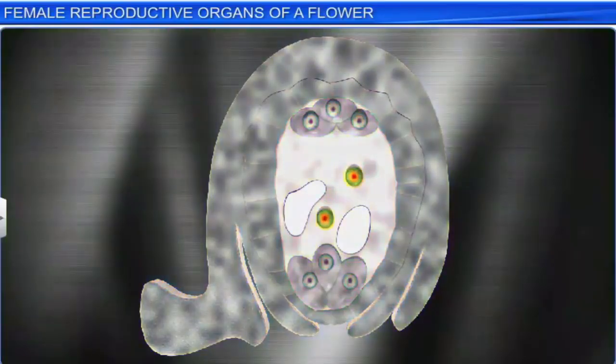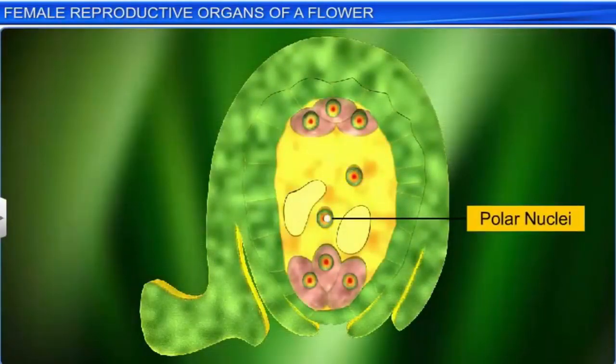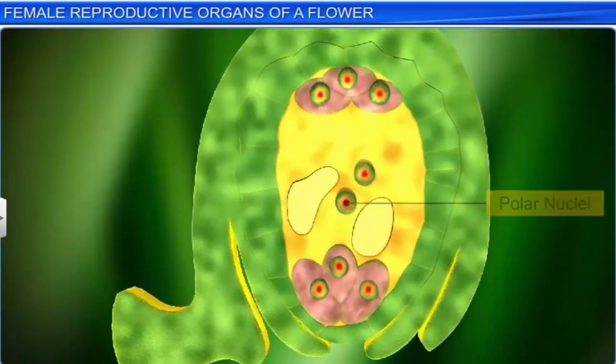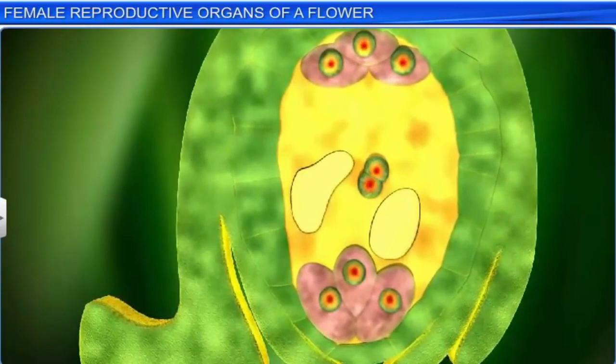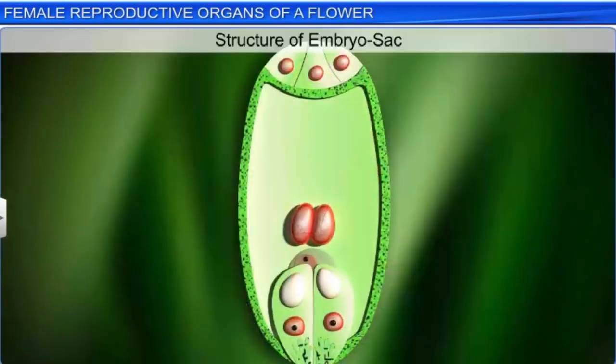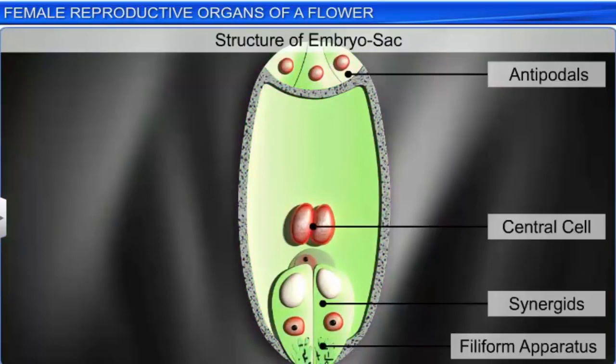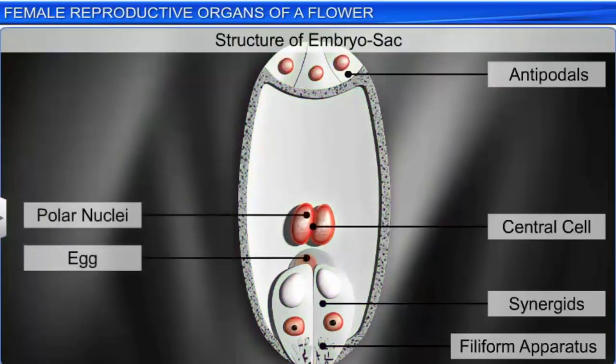The 2 remaining nuclei, called polar nuclei, migrate to the center of the embryo sac. Thus, we find the embryo sac to be in 7-celled and 8-nucleate stage with 6 cells at the poles and a large central cell with 2 nuclei in the center.